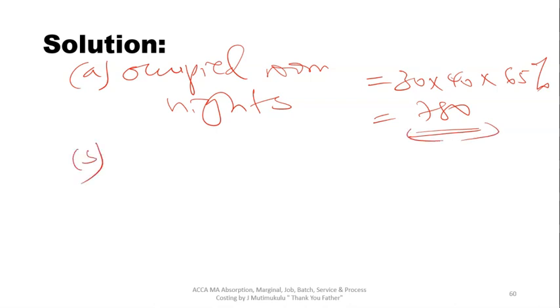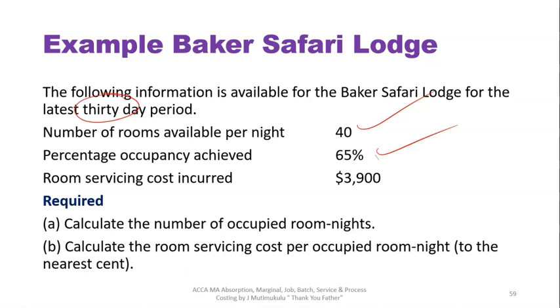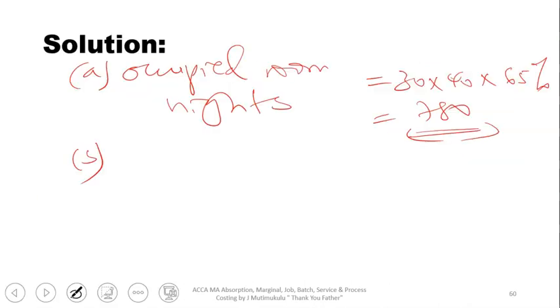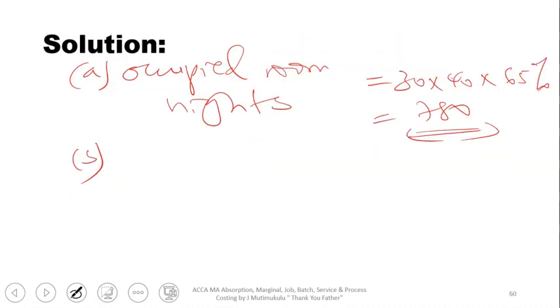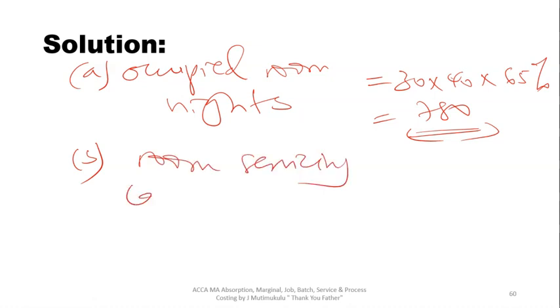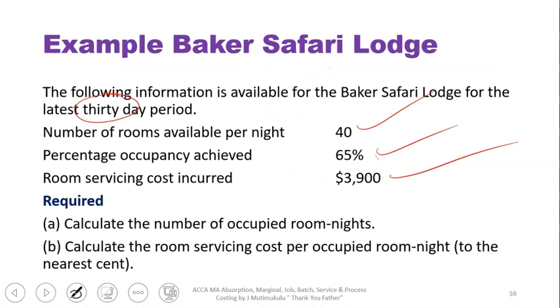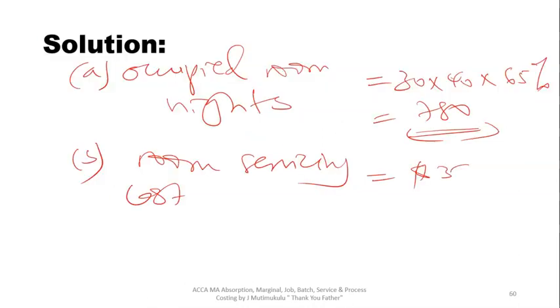Then let's go to part B. Calculate the room service cost per occupied room night. And we know that our total service costs were $3,900. So the room servicing cost is equal to total cost incurred, that's $3,900, divided by 780.